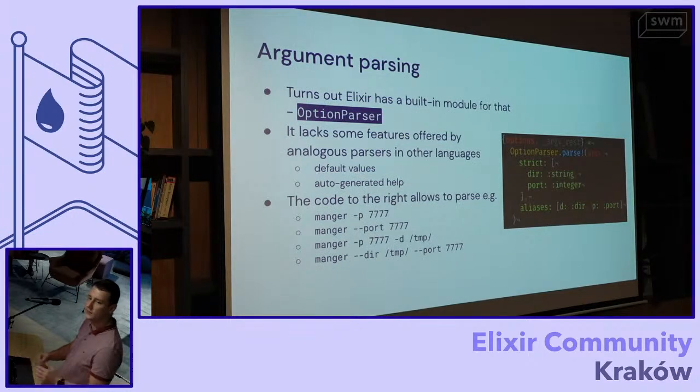Then the next thing that I had to do was to parse the arguments. I was actually surprised to find that there is an option parser in Elixir that was ready to use. But it's definitely not often used. I haven't seen many CLI tools written in Elixir.